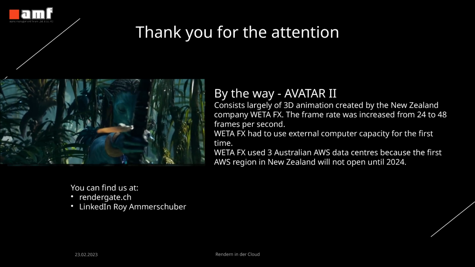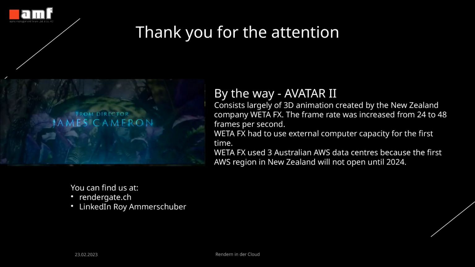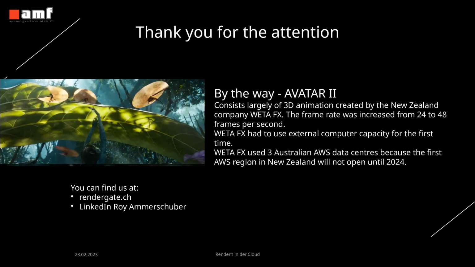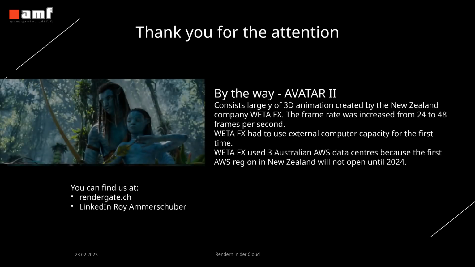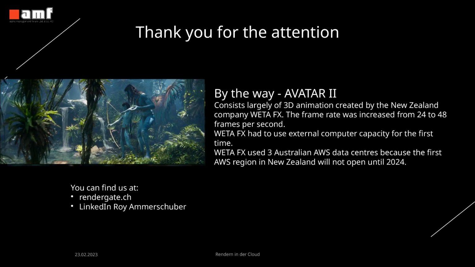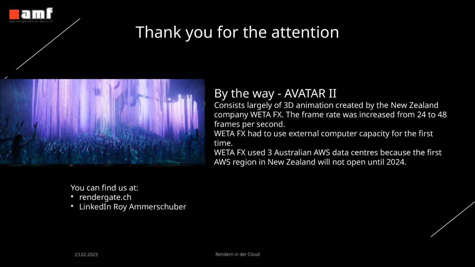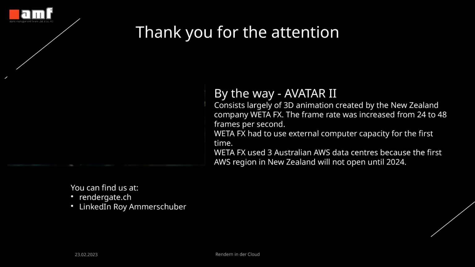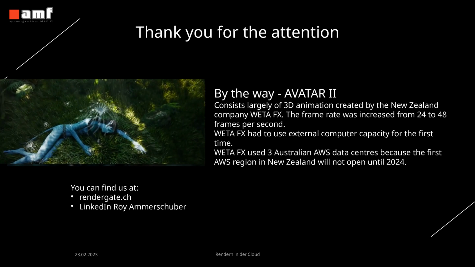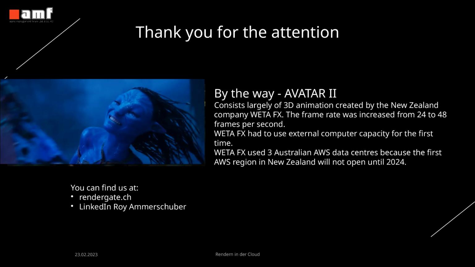Finally, to get back to the beginning, Avatar 2, huge project. They even increased the frame rate from 24 frames per second to 48 to get even smoother water animations. But of course, this doubles the computation for the rendering again, which is a lot, especially since the frames take very long for this movie in the beginning even.